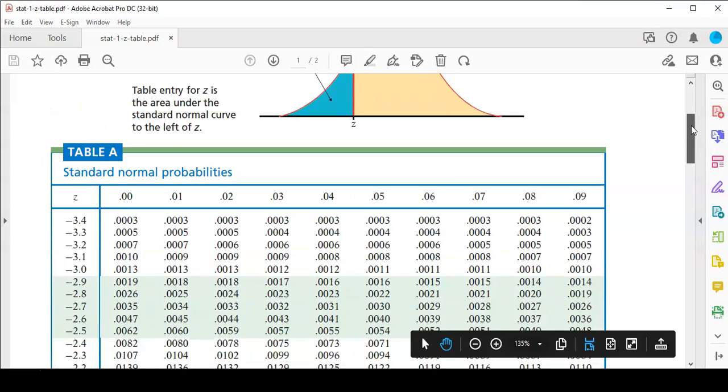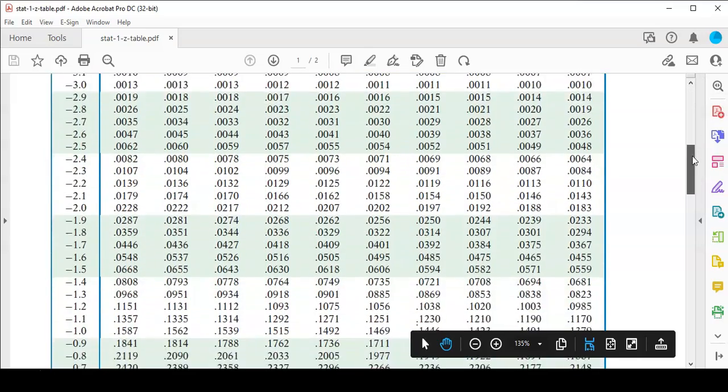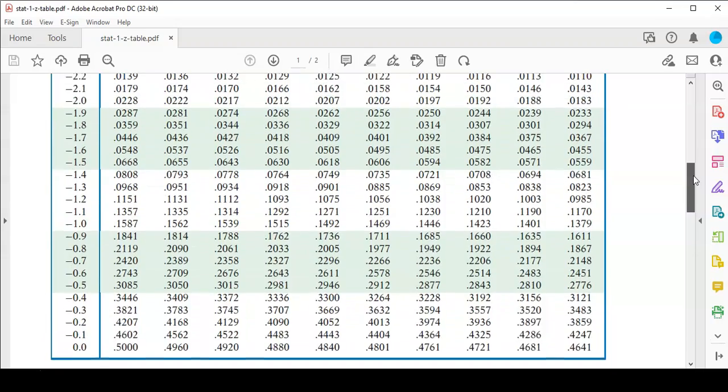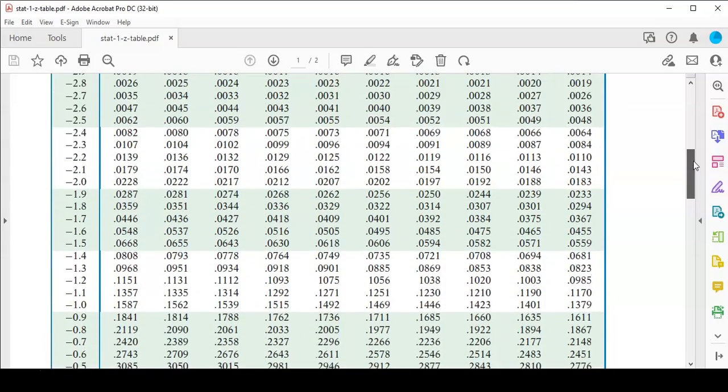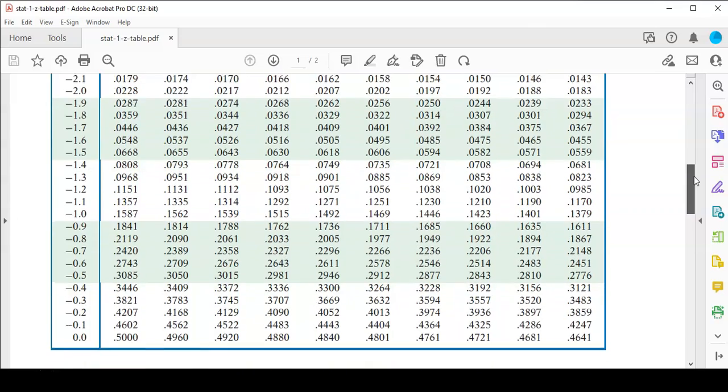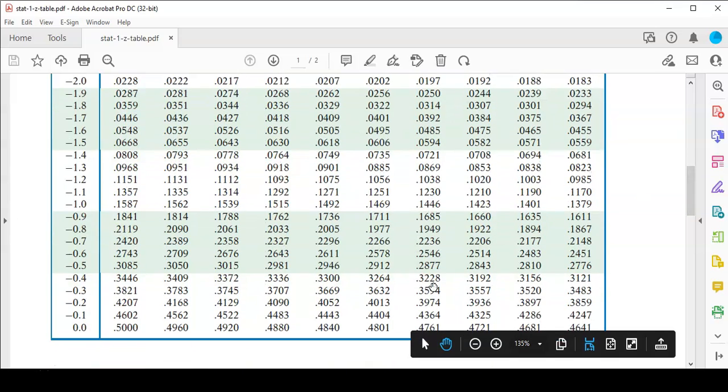Where is 0.325? It's got to be somewhere around here. 0.3264 and 0.3228. So 0.325 is somewhere in between.